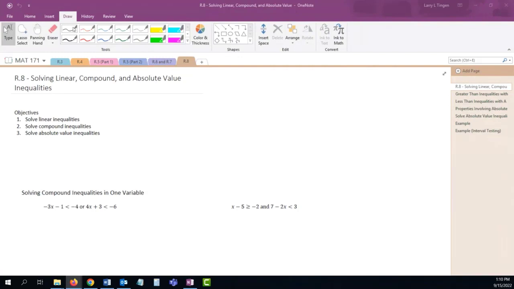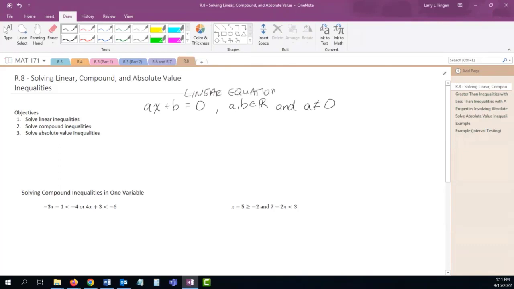So if you remember, linear equations look like this: ax plus b is equal to 0, where a and b, everybody remember this, are elements of the set of real numbers, and a is not 0, right? So this is the definition of a linear equation.